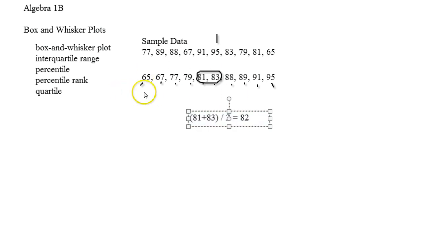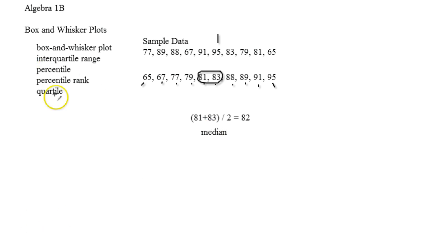Now, if we wanted to find some other stuff about this, we need to start looking at some actual information. Since this is the median, we found the median. The median is also known as the second quartile, or quartile 2 is what they call it.